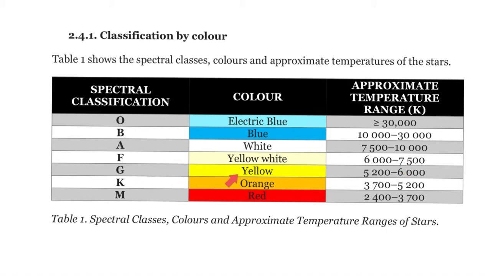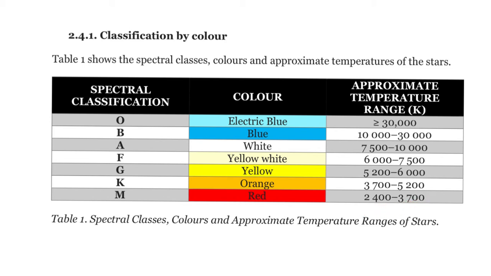G stars are yellow, like our Sun, and they range between 5,200 to 6,000 Kelvin. Then K stars are orange, and they range from 3,700 to 5,200 Kelvin. And then M stars are red, and they range between 2,400 to 3,700 Kelvin.